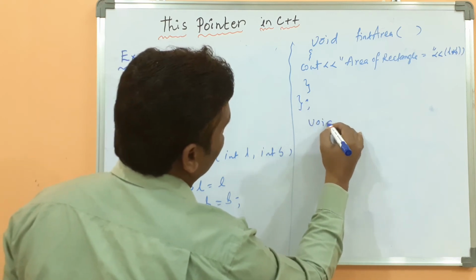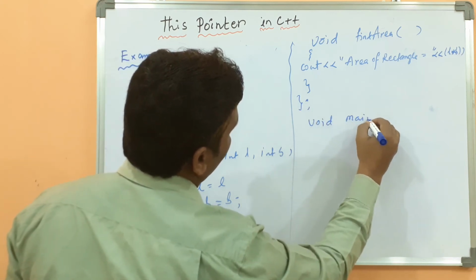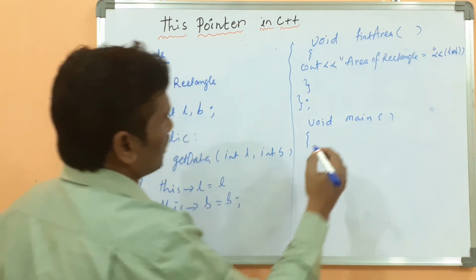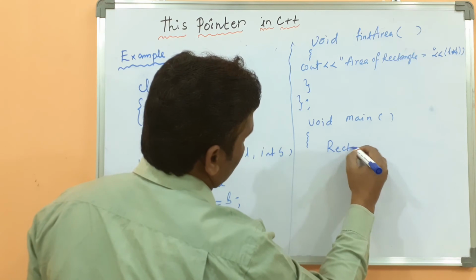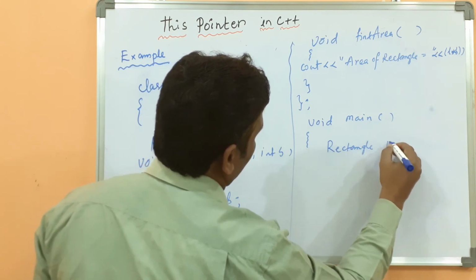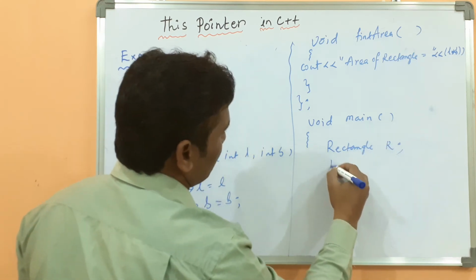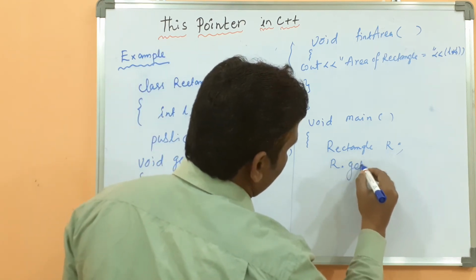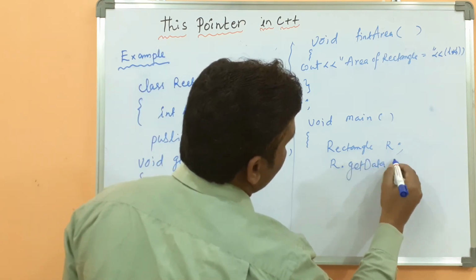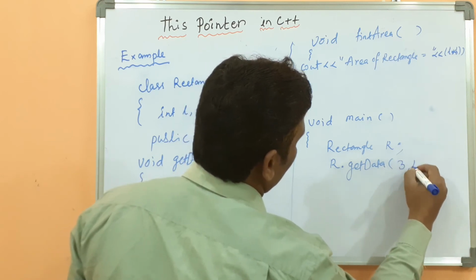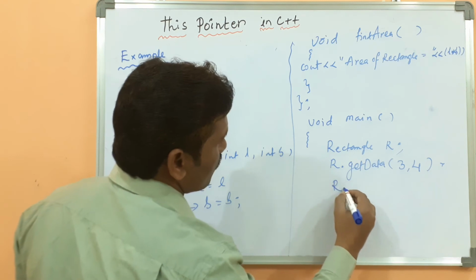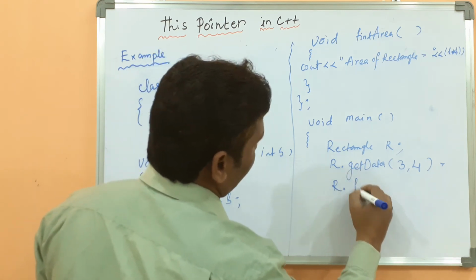Then void main, create the object. Rectangle R. R dot getdata 3, 4, then R dot find area.